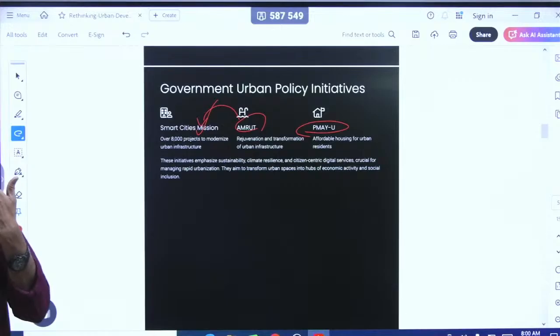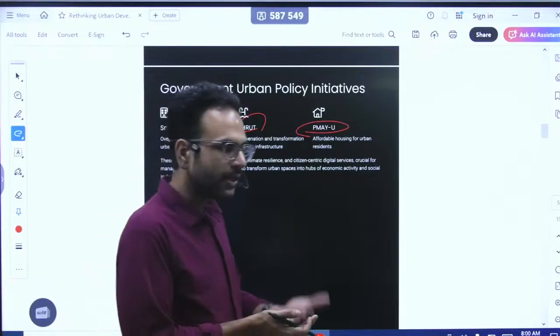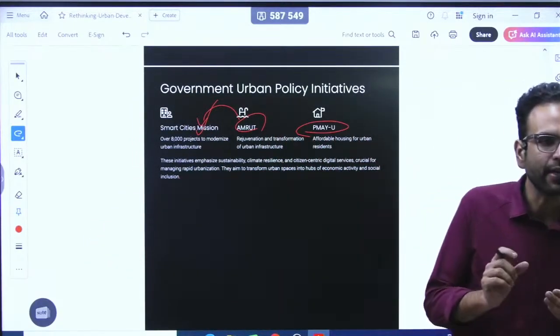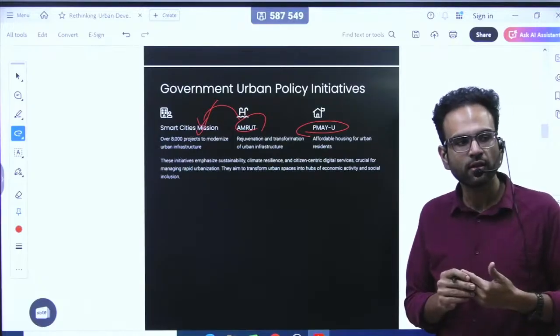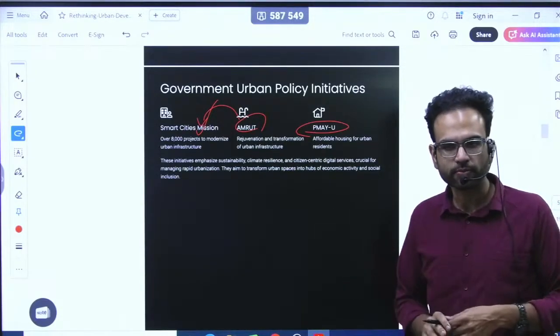So you need to look at this as an equalizing agenda also. Urbanization has an agenda to make it a tool of economic as well as welfare transformation. Clear?